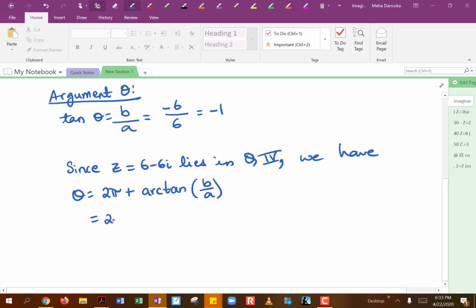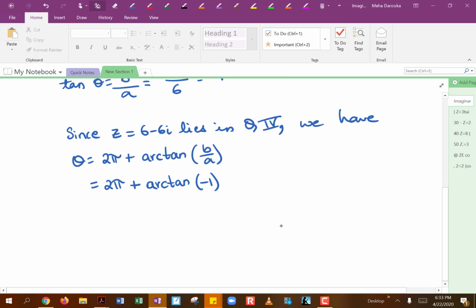So that will be 2 pi plus arc tangent, and of course our b over a came out to be -1, so that's going to be 2 pi plus negative pi over 4.